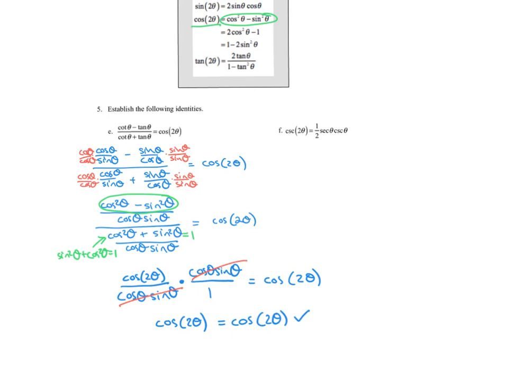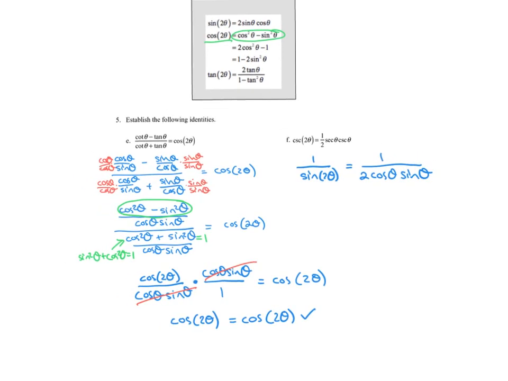And one last example. In this next one, I'm going to start off with cosecant 2 theta. I'm going to rewrite that as 1 over sine of 2 theta. And on the right-hand side, I'm going to write this as 1 over 2 cosine theta sine theta.